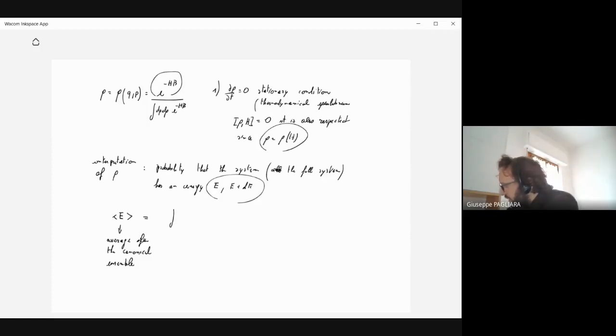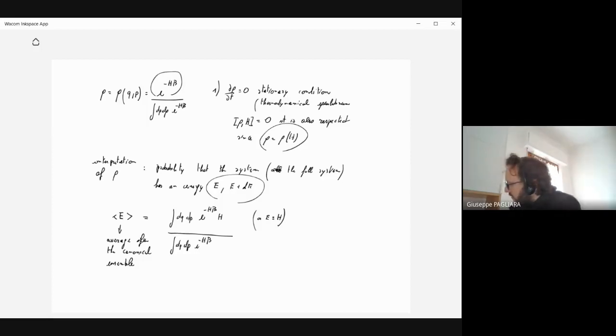as follows. Here you have dq dp, here you have e to the minus h beta, and here I have h, or E, which is the same, since in any case E and H are the same function. And here I have the normalization, dq dp e to the minus h beta. This is the average energy.